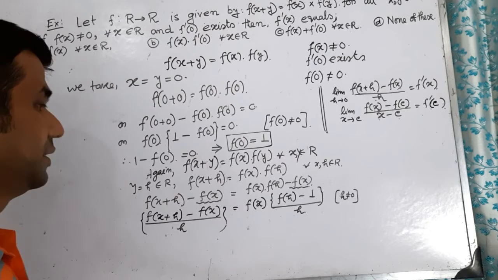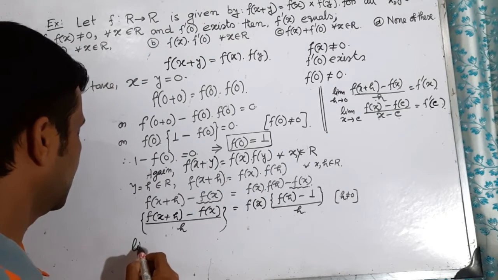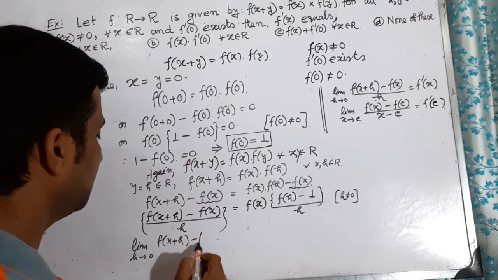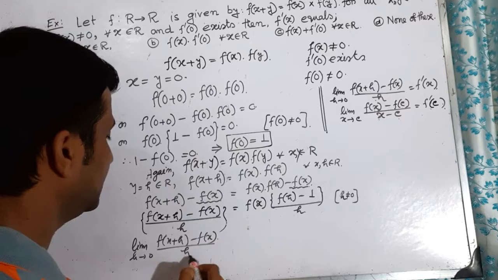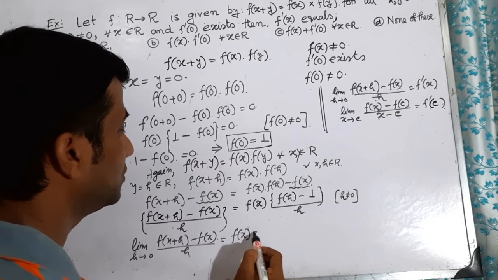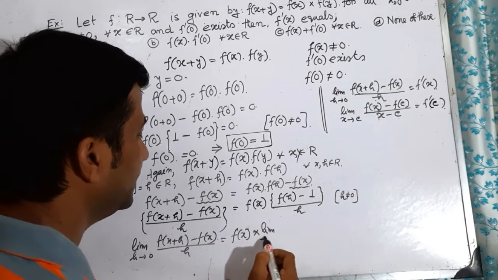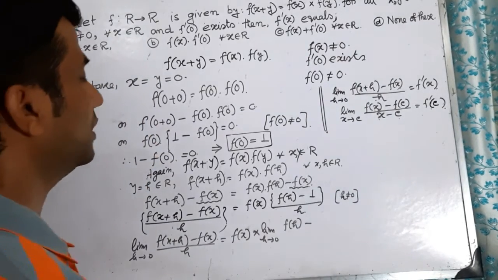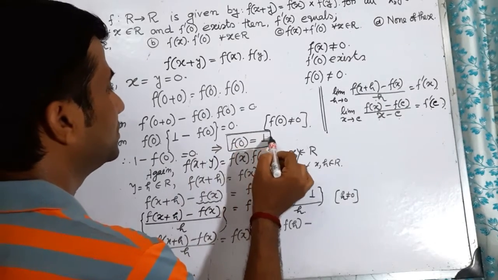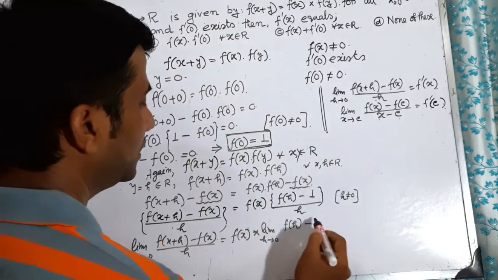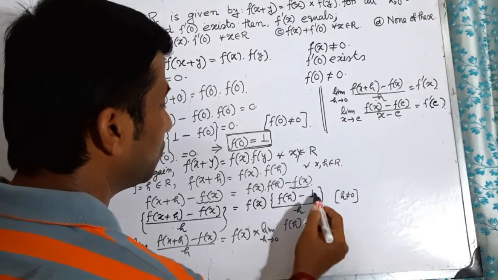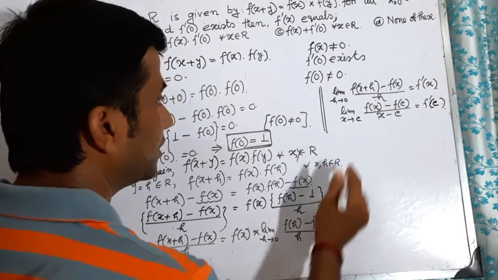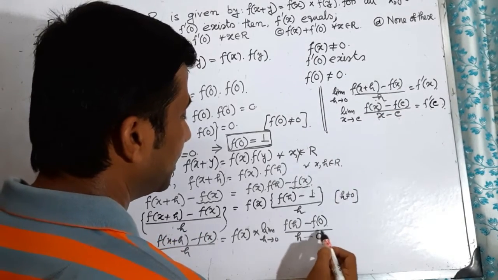Now taking limit on both sides, limit h tends to 0 of f(x+h) minus f(x) by h is equal to f(x) into limit h tends to 0 of (f(h) minus 1) by h. Here 1 means you know that f(0) is equal to 1, so we replace 1 by f(0), and we write the definition with h minus 0.